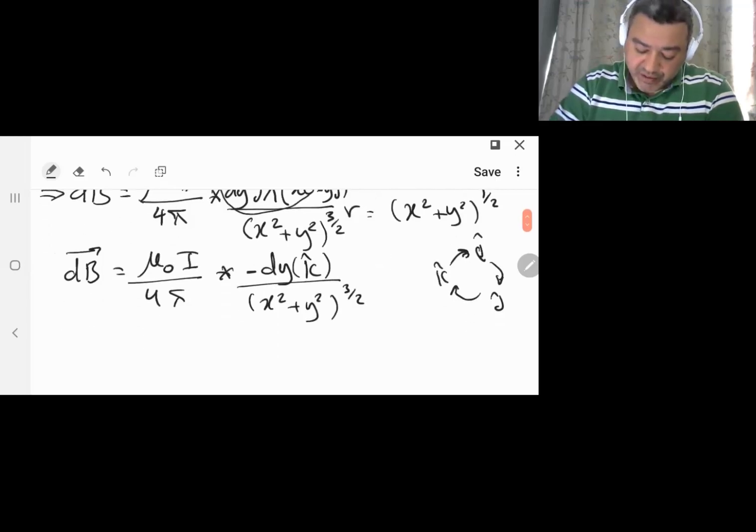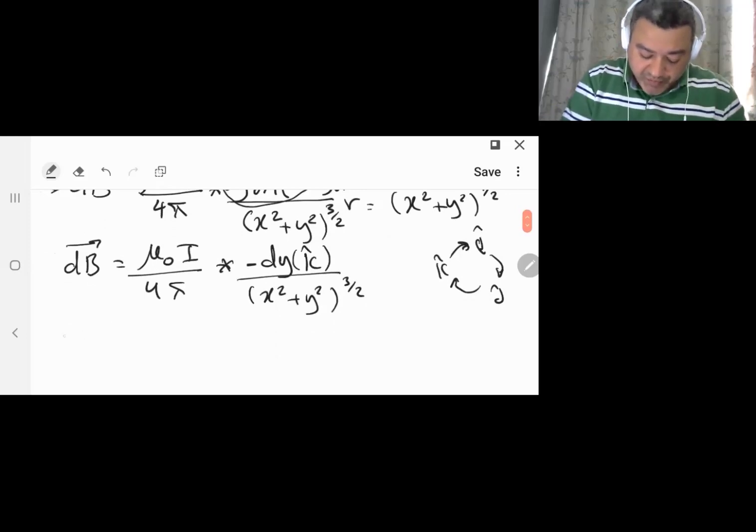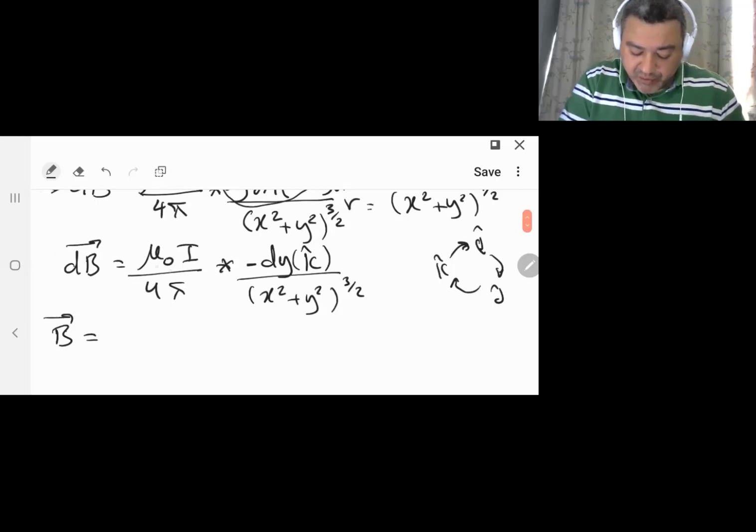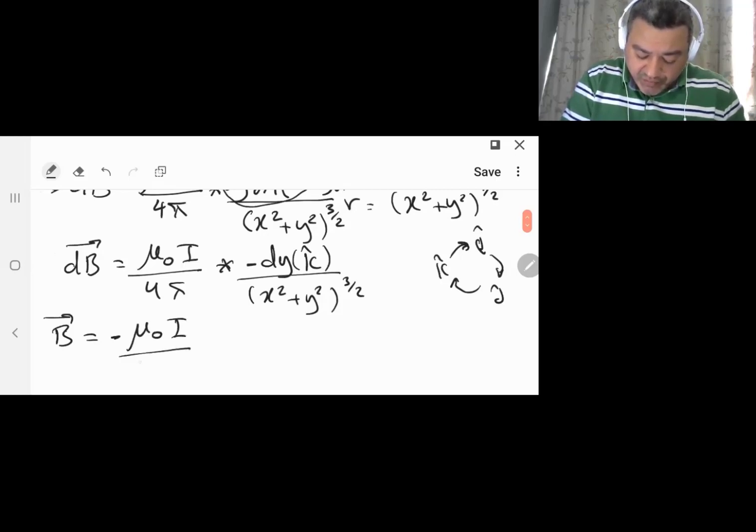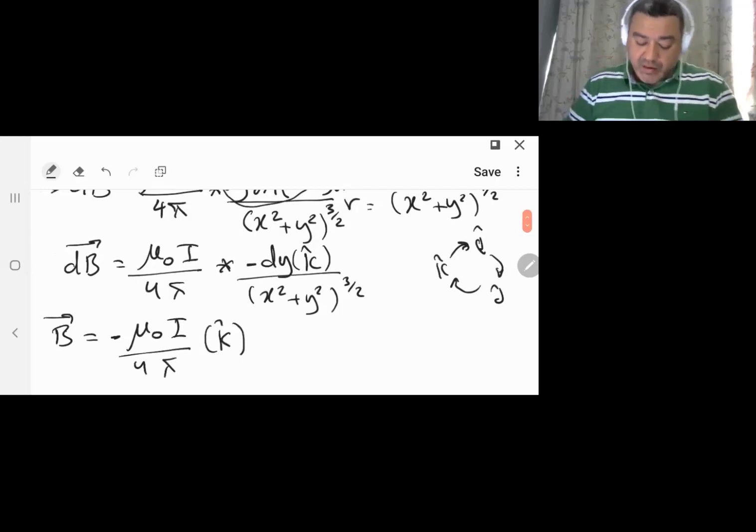Now I can put the integration. B equals, let me take the mu naught I over 4 pi with the k outside. So I have minus mu naught I over 4 pi k hat outside.